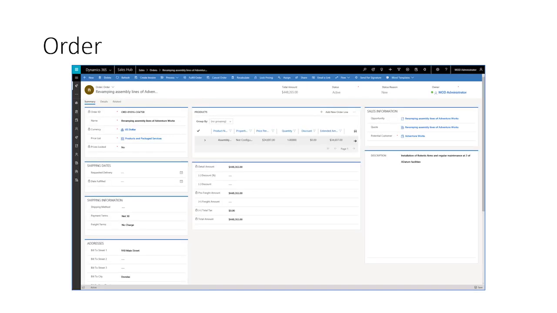In Dynamics 365 for Sales, an order is placed when customers confirm requests for the product or service. Organizations receive and process orders, which then convert to invoices and revenue. Dynamics 365 for Sales can record these customer orders. Additionally, some organizations integrate the sales order process into an accounting application, such as Dynamics 365 for Finance and Operations.